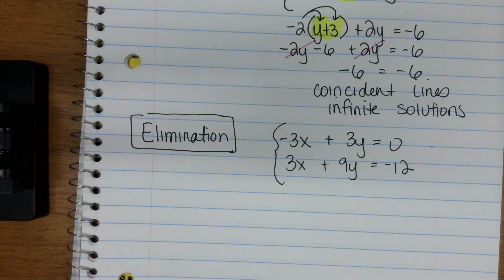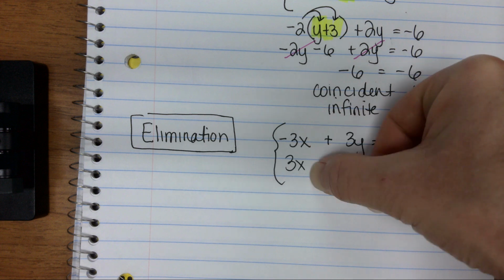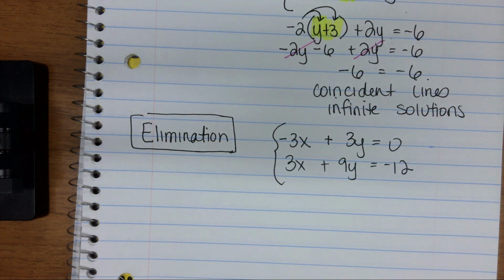Do you see how this negative 3x and 3x are opposite coefficients already? If they're already opposite coefficients, we're just going to add them together. What if they're the same coefficient? Then just multiply one of your rows by negative 1 and add them together.